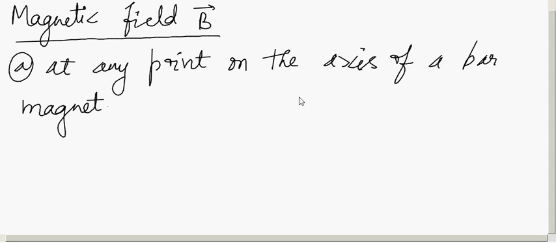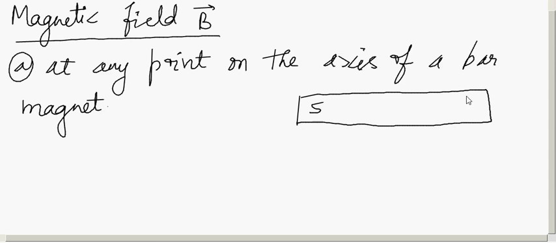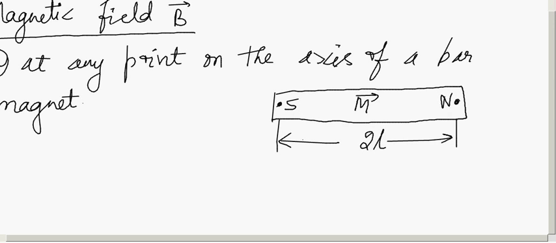For this, consider a bar magnet, and let us say the magnetic length of this magnet is 2L and the magnetic moment is m. So we are going to find the field of the dipole on its axis.